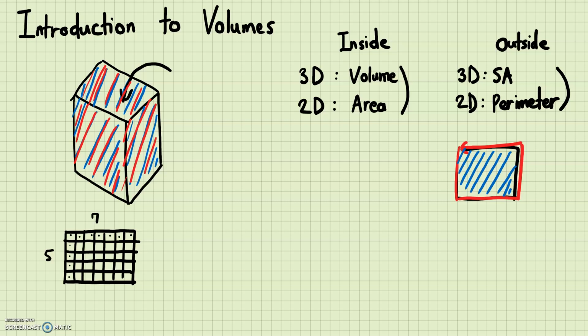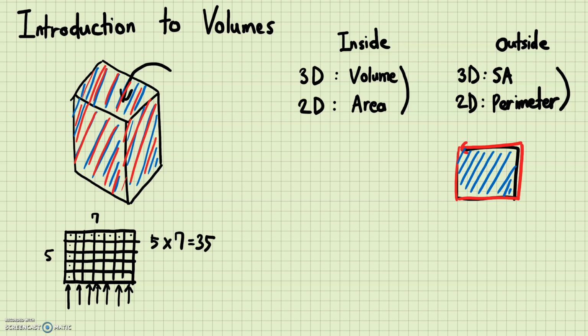Then how many squares do we have inside this shape? We have 5 here, another 5 here, another 5 here, and a total of 7 lines of 5s. So instead of counting one by one, we can simply multiply 5 times 7 and know that it has 35 squares.